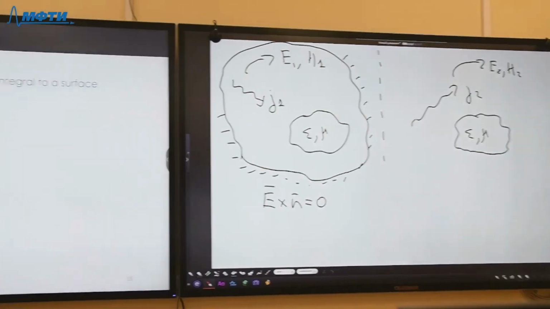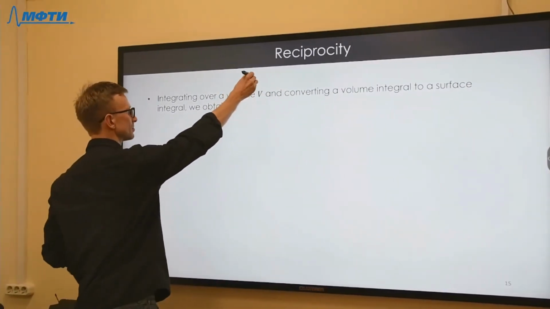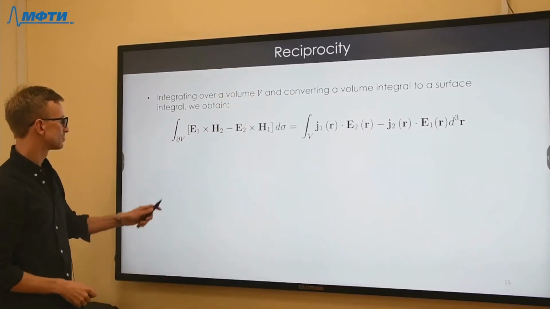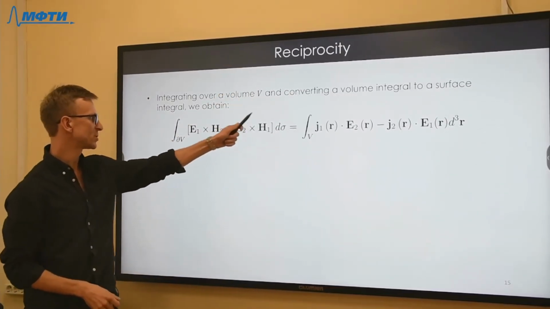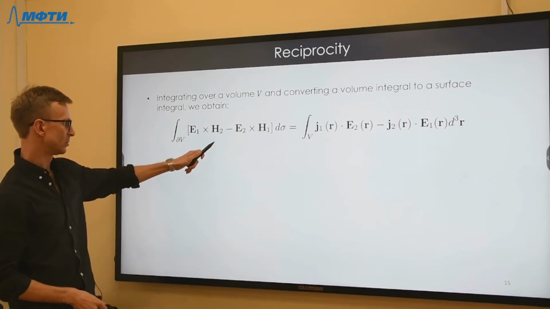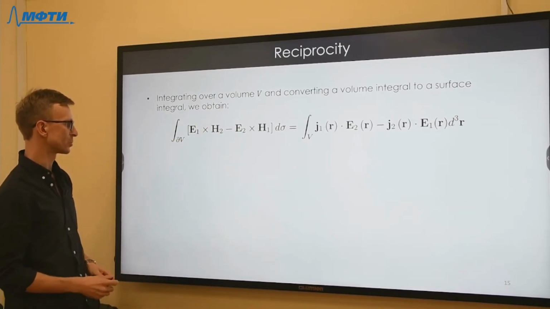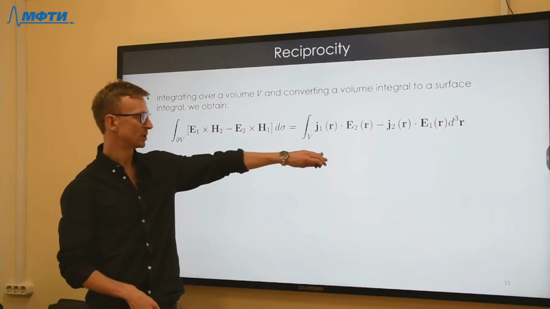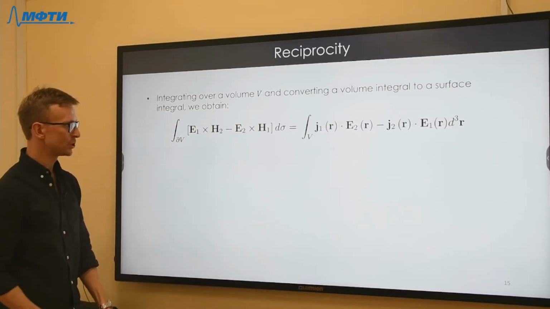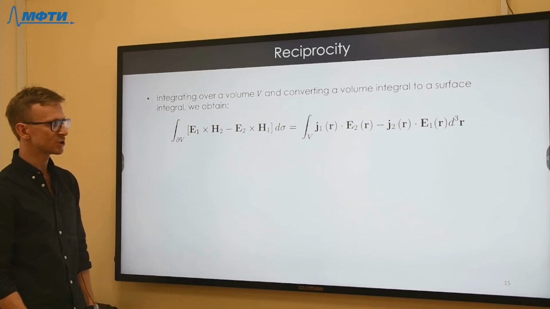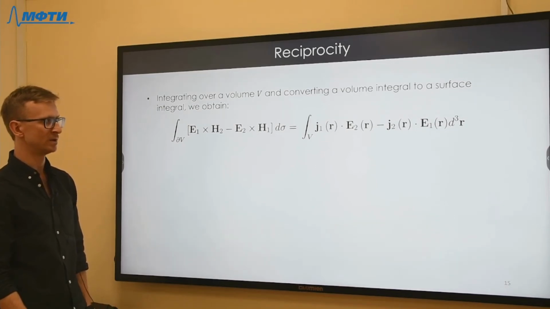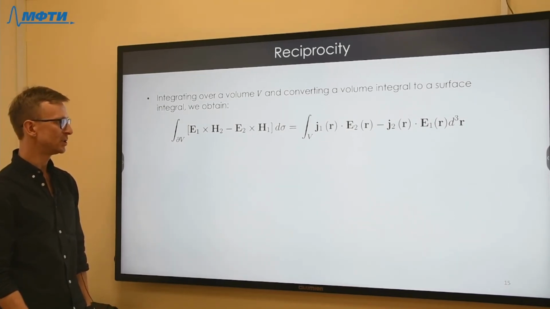And if we integrate that over volume V, we're going to obtain this, the surface term from this difference of cross products, and the volume integral, which involves our currents J1, J2, and electric fields E1 and E2.